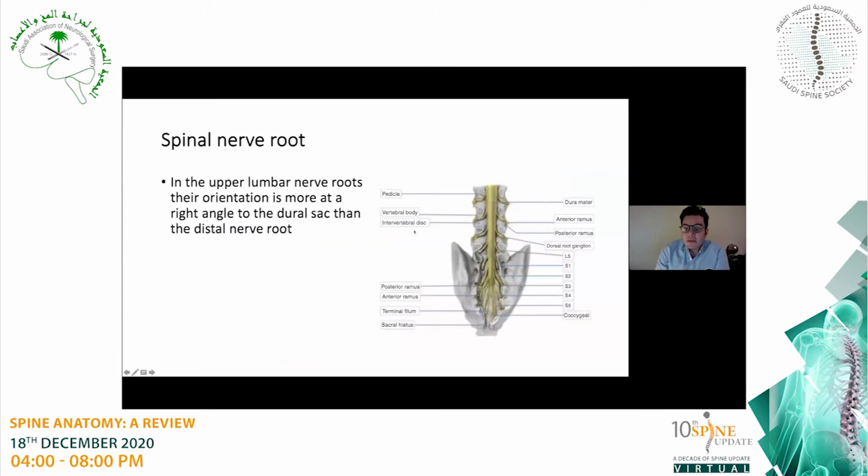The spinal nerves exit the foramina of the lumbar spine in different fashions. In the upper lumbar foramina, they exit at more of a right angle compared to the lower, where they are more oblique.